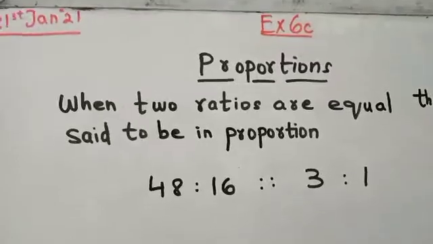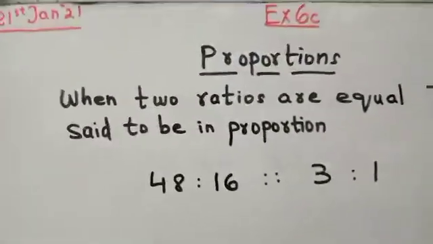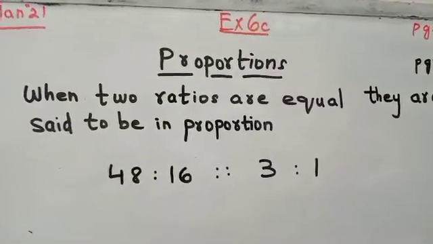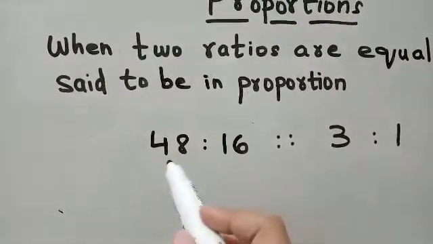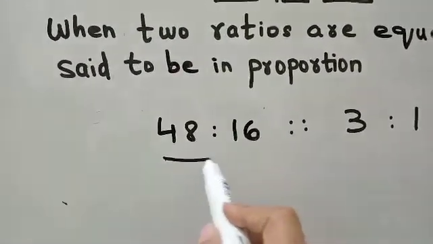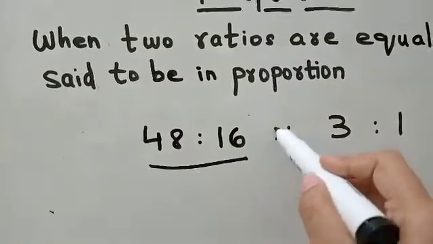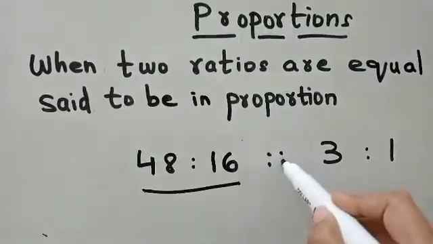So the formula, you have to copy this definition as well. Proportions: when two ratios are equal, they are said to be in proportion. Now you can look at the example. Two ratios are given. 48:16 is one ratio. Then I have made 4 dots. These 4 dots are called proportions.